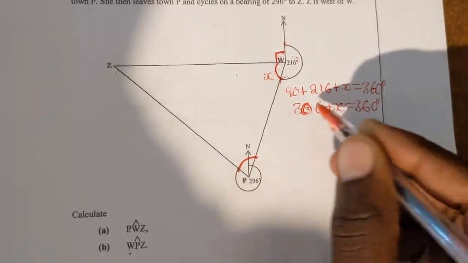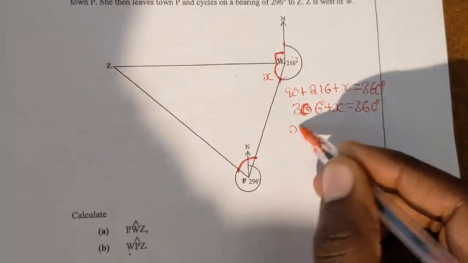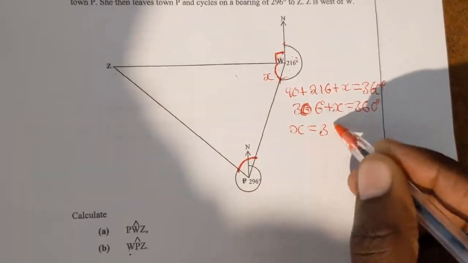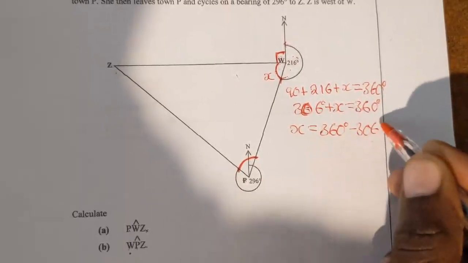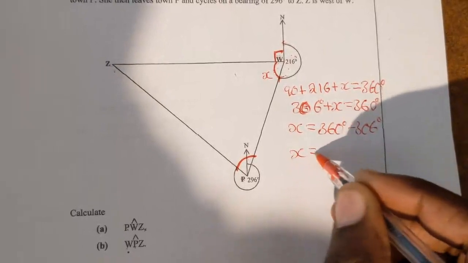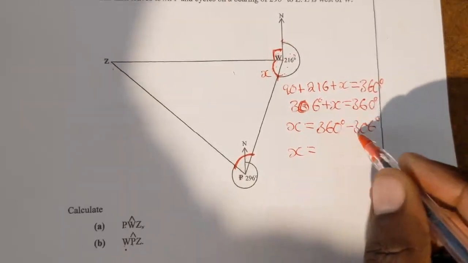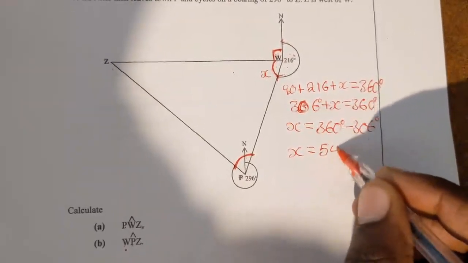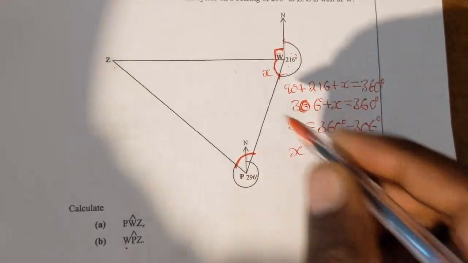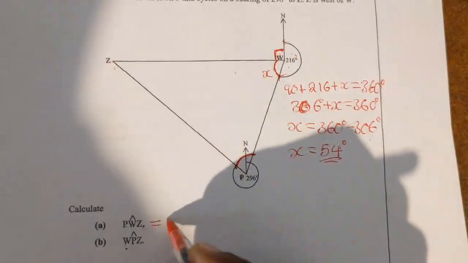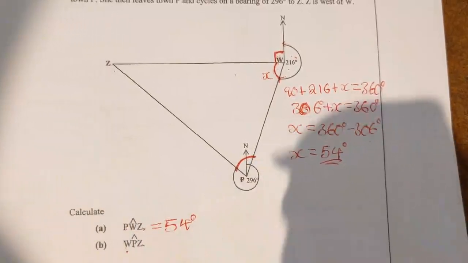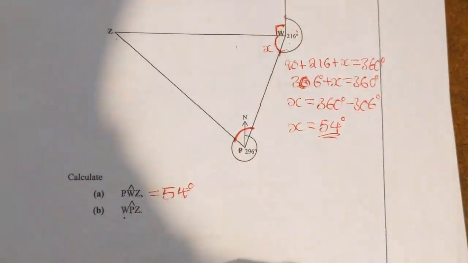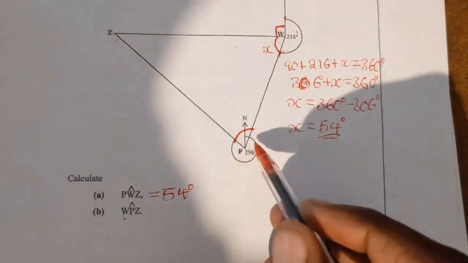Then x is going to be 360 degrees minus 306 degrees, which gives 54 degrees. As simple as that.